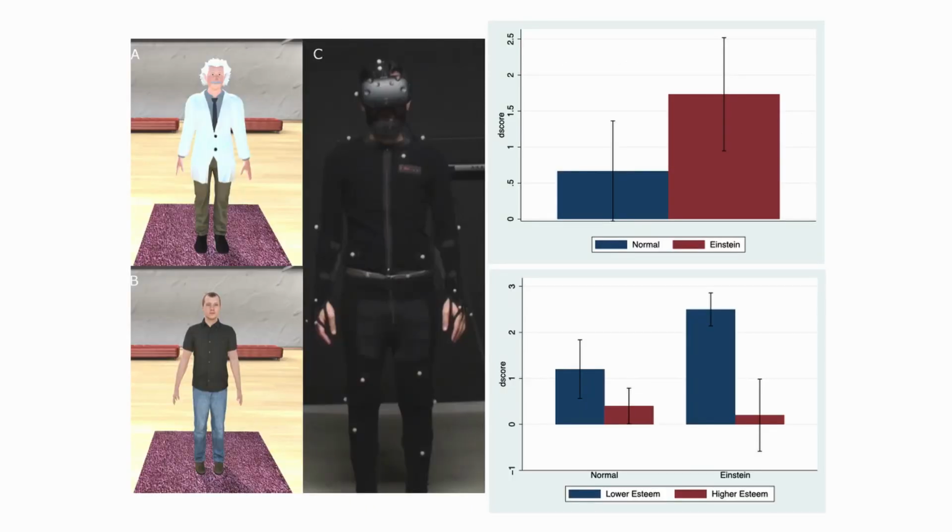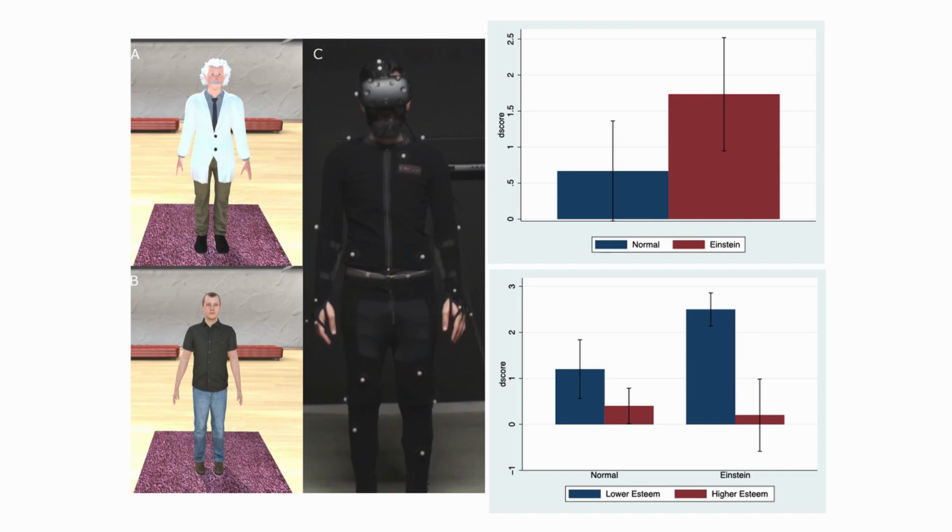In this study, people were given a cognitive test before the VR exposure. Then they went into the VR embodied either as Einstein or a younger body. If you look at the top graph, you can see that the D score, which is the change in score of a cognitive test afterwards minus before, increased for those in the Einstein body compared with those in the normal one.